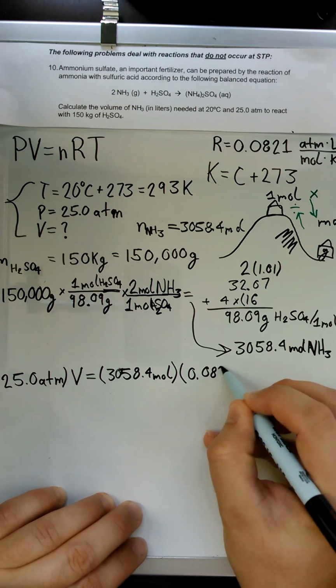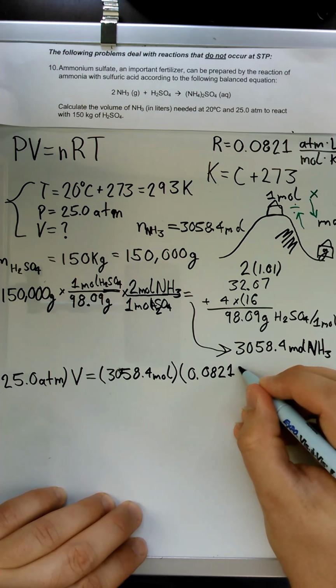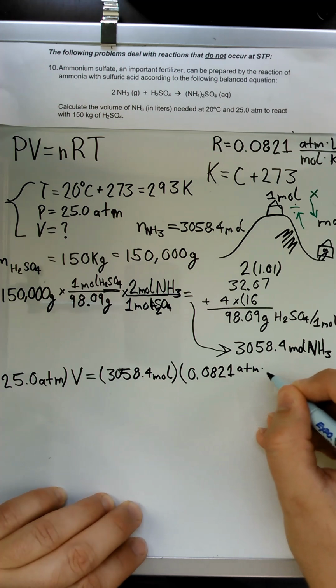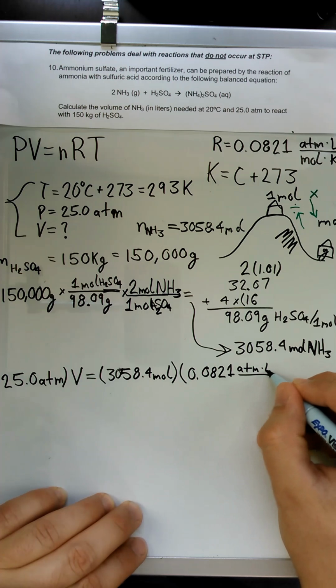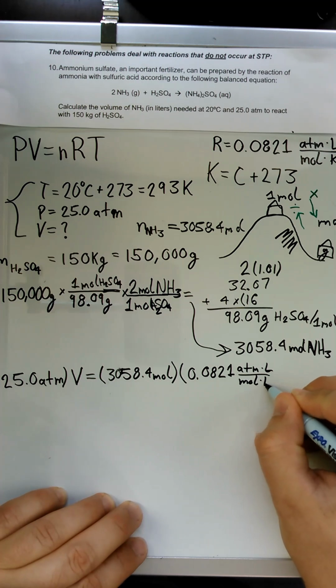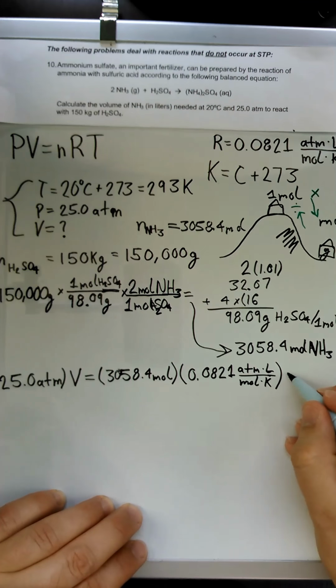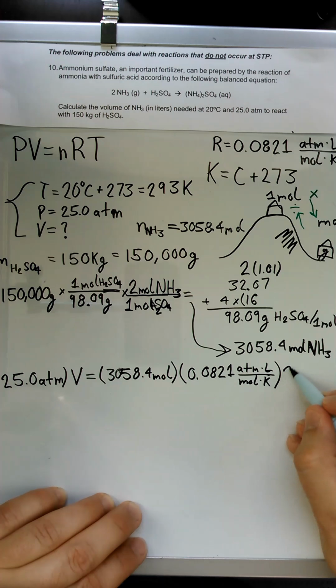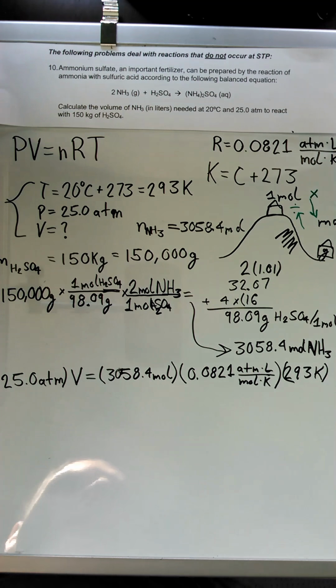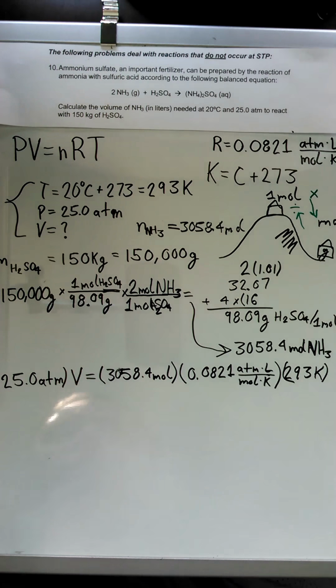It's always 0.0821, with units of atmosphere liter over mole Kelvin. And we have our temperature as 293 Kelvin. Okay? So this is our equation to solve for V, our volume.